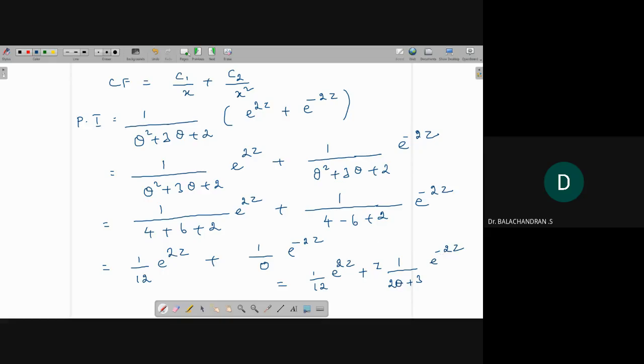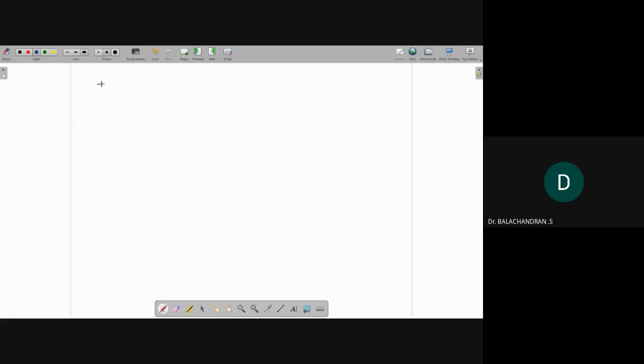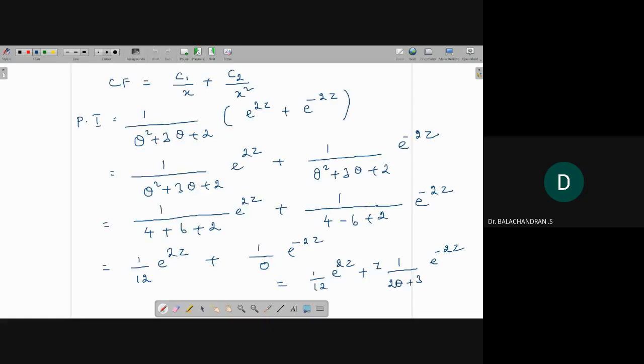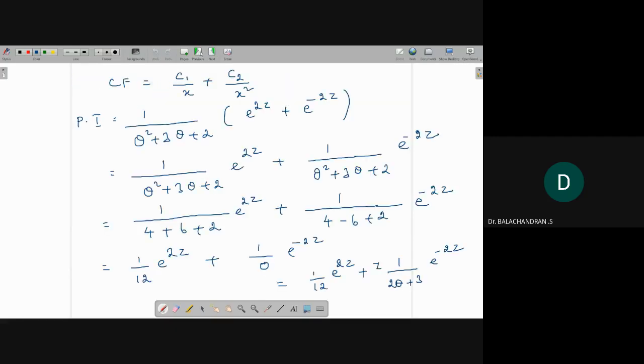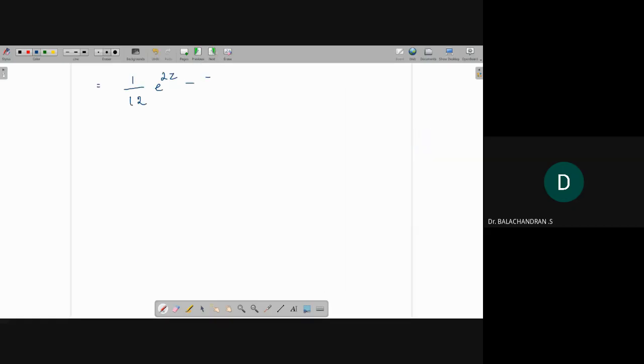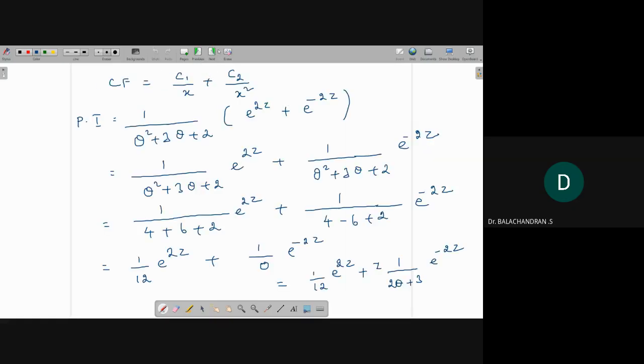So the next step, 1 by 12 into e power 2z. If you replace theta by minus 2, you'll get z by minus 1, so minus z into e power minus 2z.